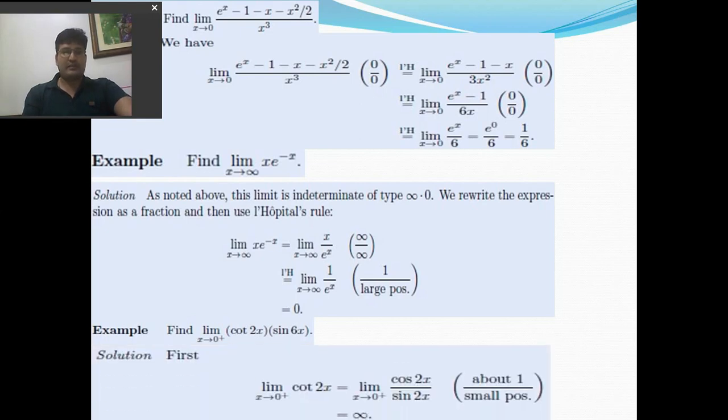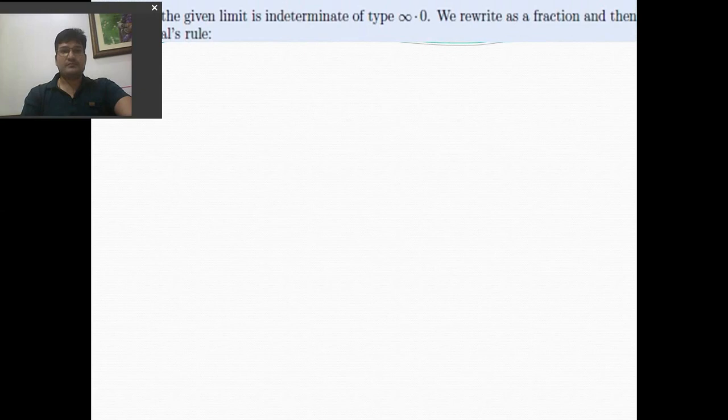If we apply the limit directly, x is equal to 0 in this question, cot 2x can be written as cos 2x divided by sine 2x, right? And at x is equal to 0, it is infinity. And we can see after putting x is equal to 0 in this question, the indeterminate form is of the type infinity into 0.